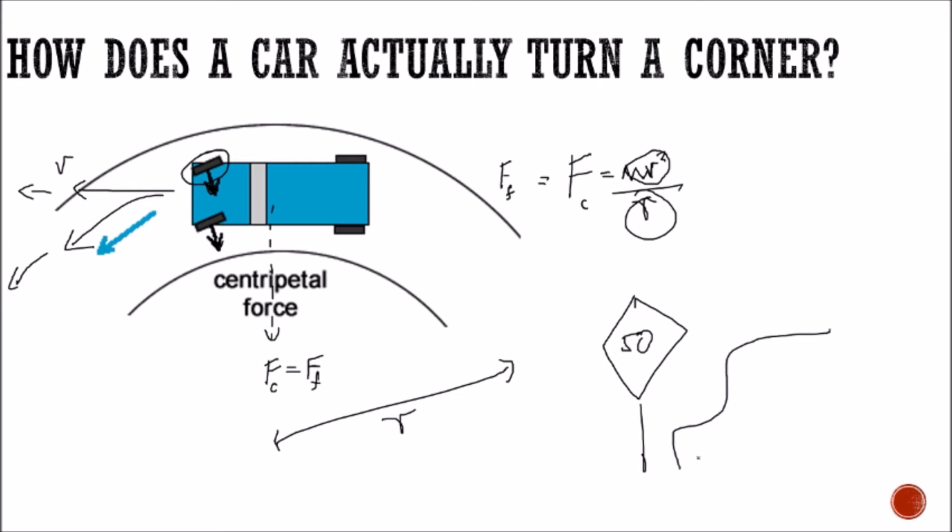Why there's a speed limit with tight turns to suggest to the driver to slow down so they can reduce the amount of centripetal force necessary, and hence the car will have the frictional force capable of performing that turn effectively.